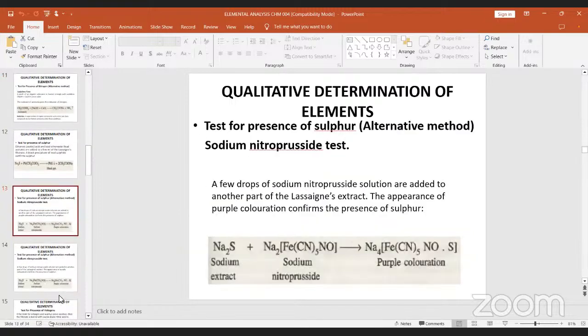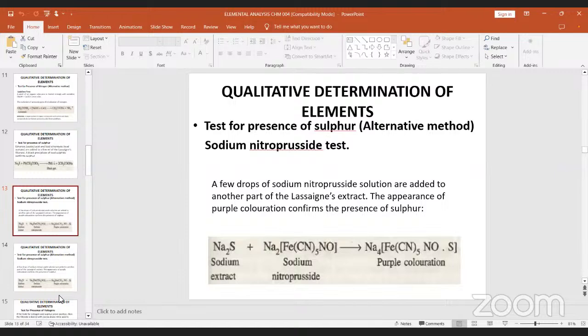Remember that this is a qualitative test. You are not out to determine the amount of each of those individual elements, but you just want to know that if you happen to be in the chemistry lab and somebody comes with a sample and says, look, I suspect that this sample is an organic compound and it should have nitrogen, sulfur, or the rest. Please, can you help me test?